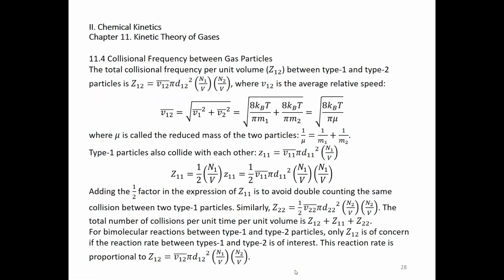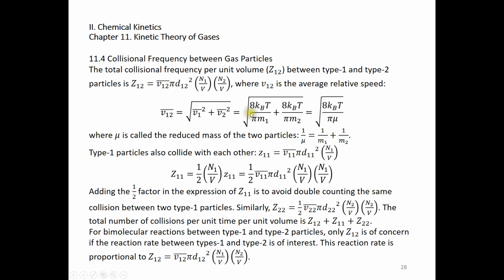Again, the total collisional frequency per unit volume between type 1 and type 2 particles can be expressed this way: the average relative speed times the collision cross-section area times the number density of type 1 and number density of type 2. And this is the formula for the average relative speed.